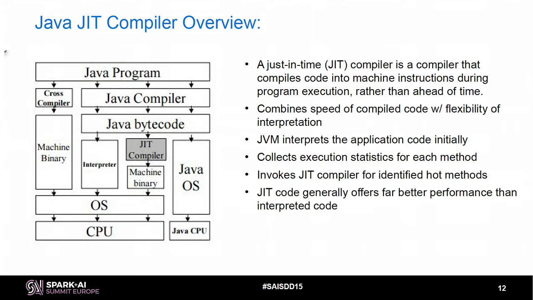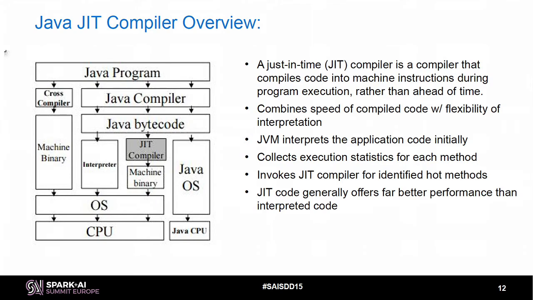Actually, in any application, generally a subset of the code alone is executed very often. So, the performance of such applications depends on how fast that subset of code executes. What the JVM does is use a compiler at runtime to compile the bytecodes of such hot routines into machine instructions.